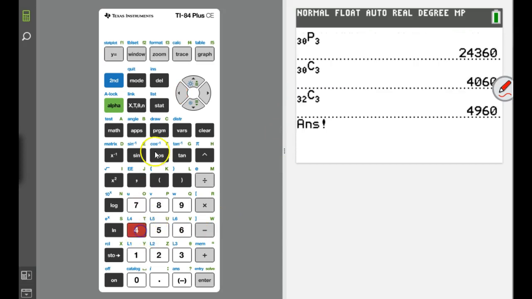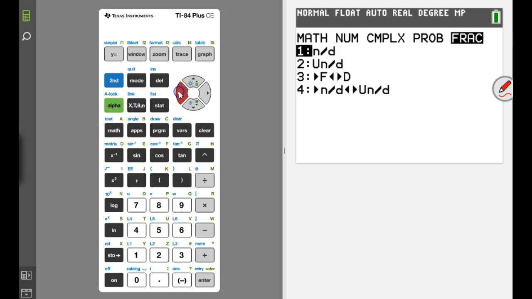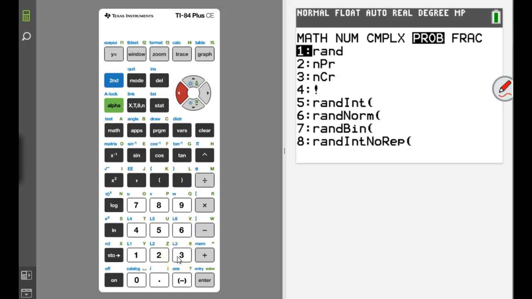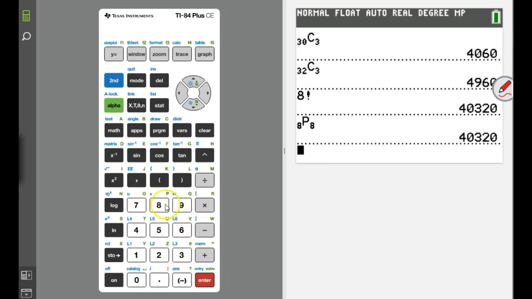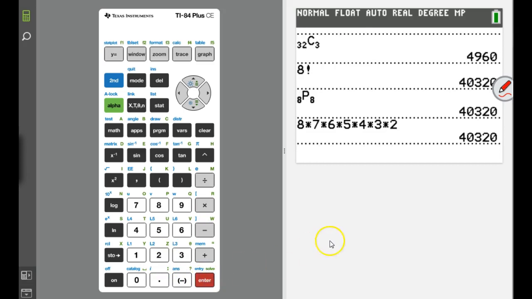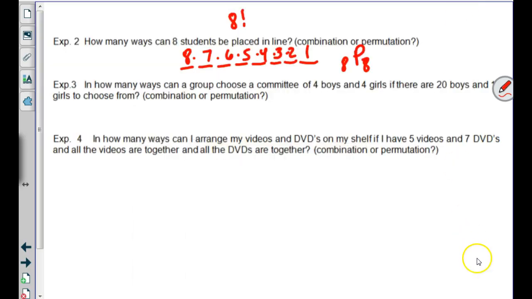You could have picked 8 factorial, or you could have picked 8p8, or you could have just done 8 times 7 times 6 times 5 times 4 times 3 times 2 times 1. Now you know better ways, right? Okay.